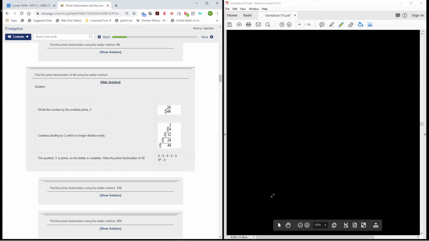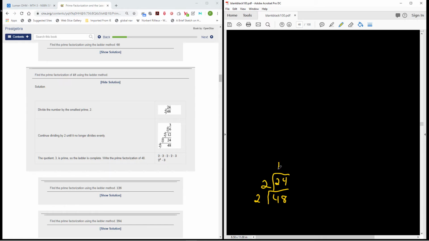So 2 goes into 48 24 times. 2 goes into 24 12 times. 2 goes into 12 6 times. 2 goes into 6 3 times, and 3 is a prime number, so I'll stop there.